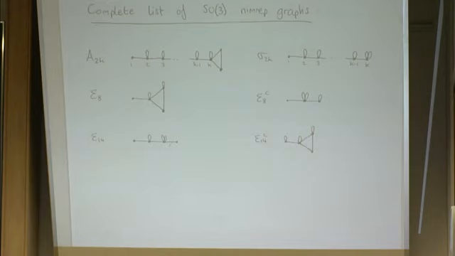So these are infinite families, and then there are 4 exceptionals: 2 at level 8, and 2 at level 14. These graphs are in fact the even parts of the Dynkin diagrams D_{4k+2}, E7 and E8, and then the ones on the right are just the odd parts of those graphs.